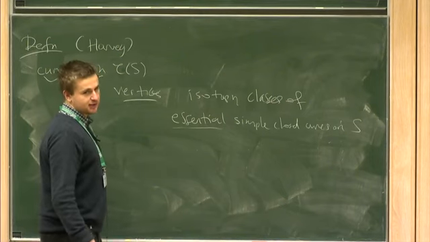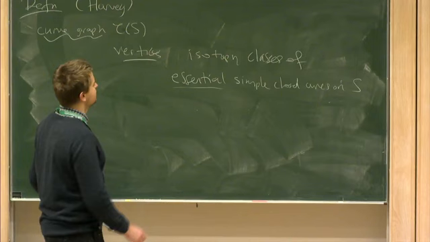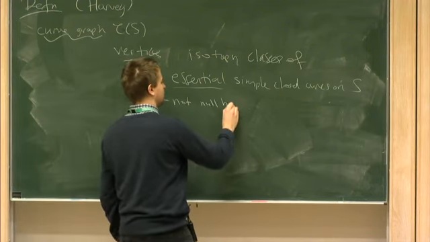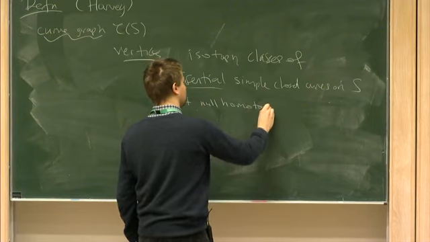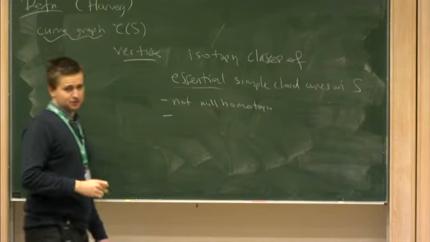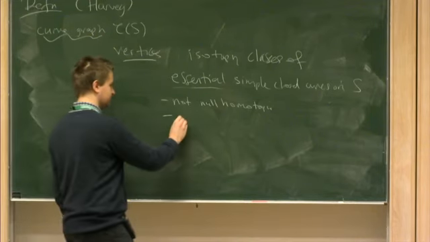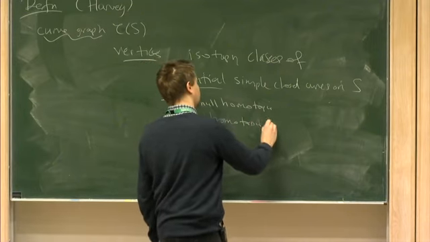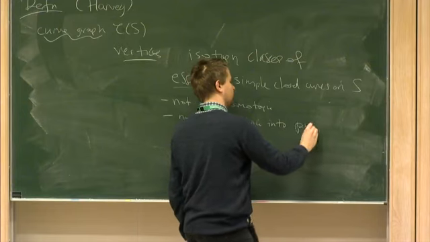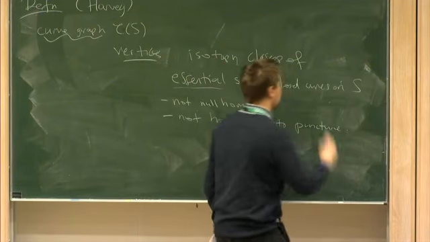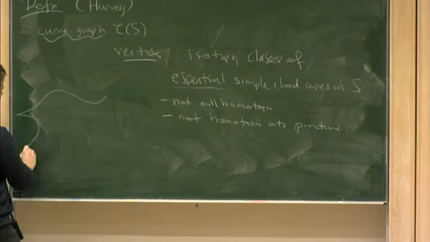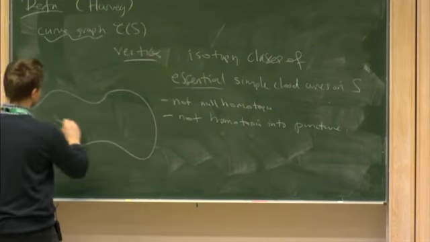Well, it basically just means they're not null homotopic, and they're not homotopic into a puncture. So they're sort of like Z splittings of the surface. Let's look at some examples.